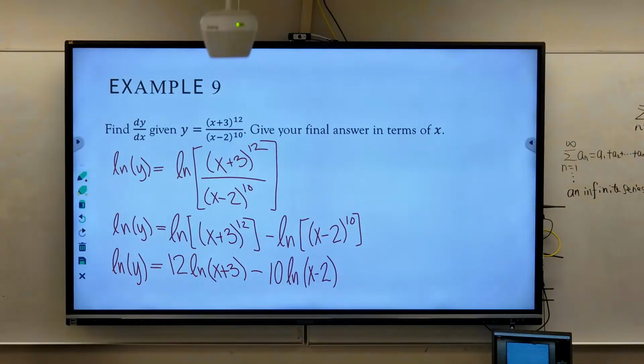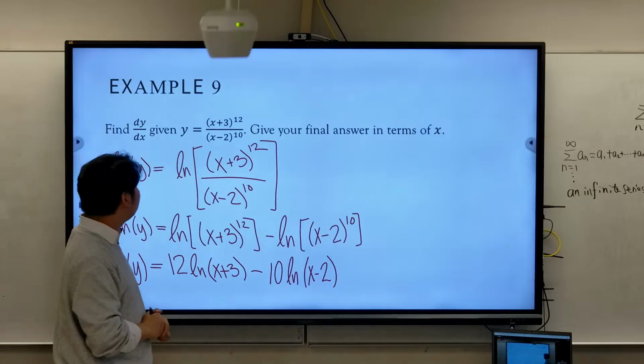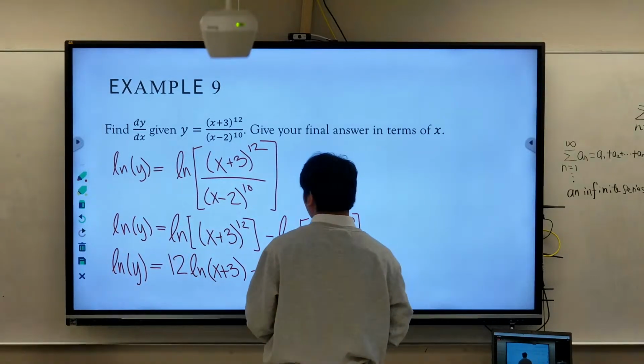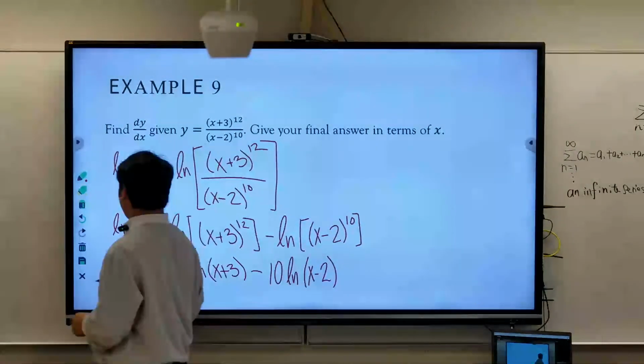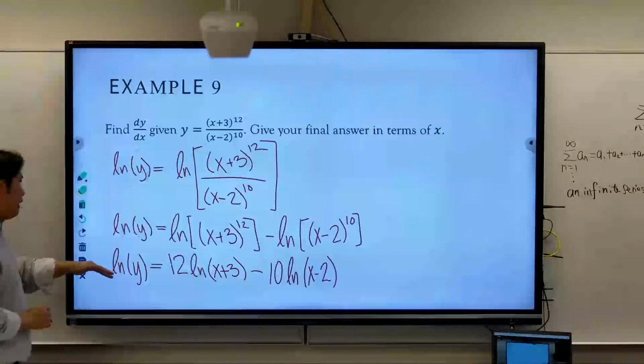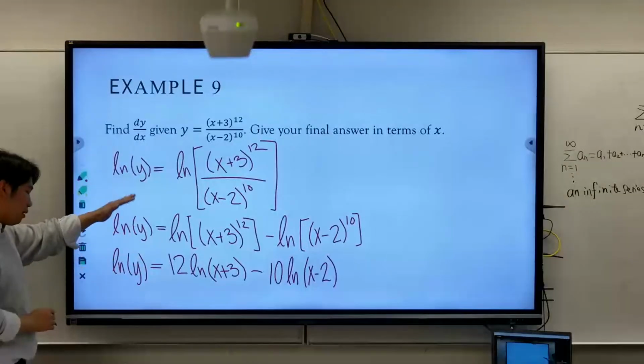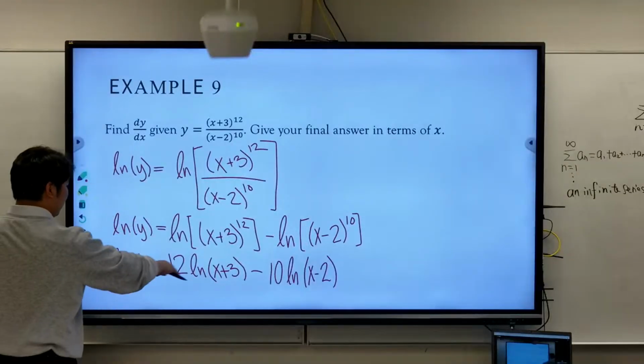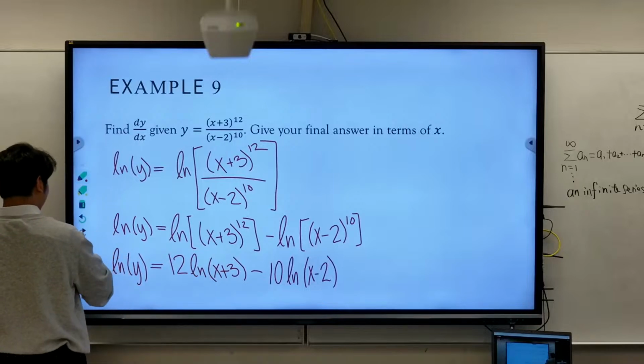So before I continue, any questions about how I rearranged this original function to be what I have down here? All right, so I'm going to go ahead and erase some of this so that I have space. I'm going to rewrite this bottom line here.